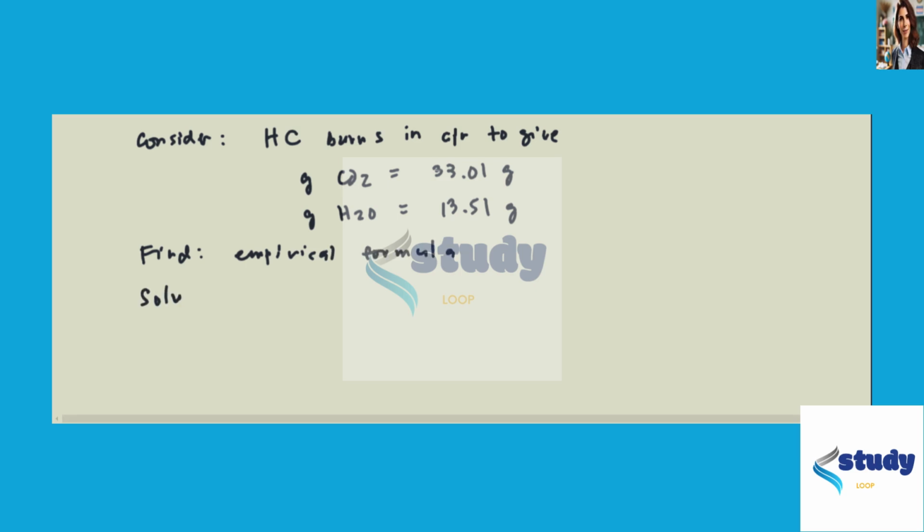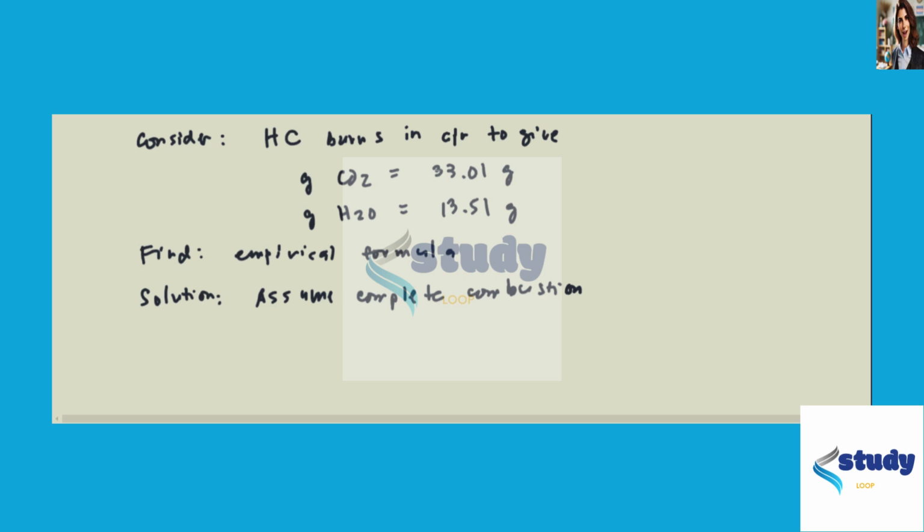So we start by assuming complete combustion, so that all of the carbon turns into carbon dioxide and all of the hydrogen into water, so that we can solve for the amount of carbon from the amount of carbon dioxide and the amount of hydrogen from the amount of water.